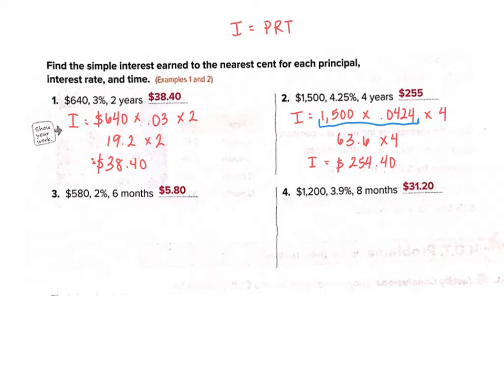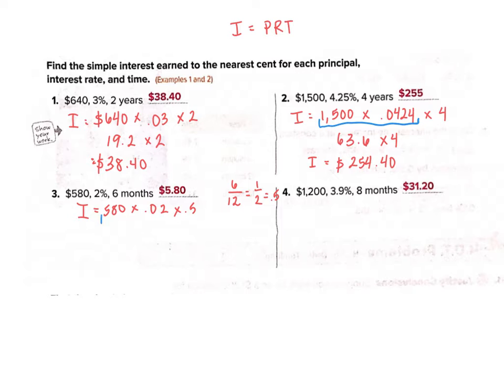For number 3, I'm solving for I again. I know the principal is $580. The percent is 2%, so I'll write that as a decimal. But then I'm given 6 months, so first I have to find out how many years that would be, which will be a decimal. 6 over 12 is equivalent to 1 over 2, which is 0.5, so half a year.